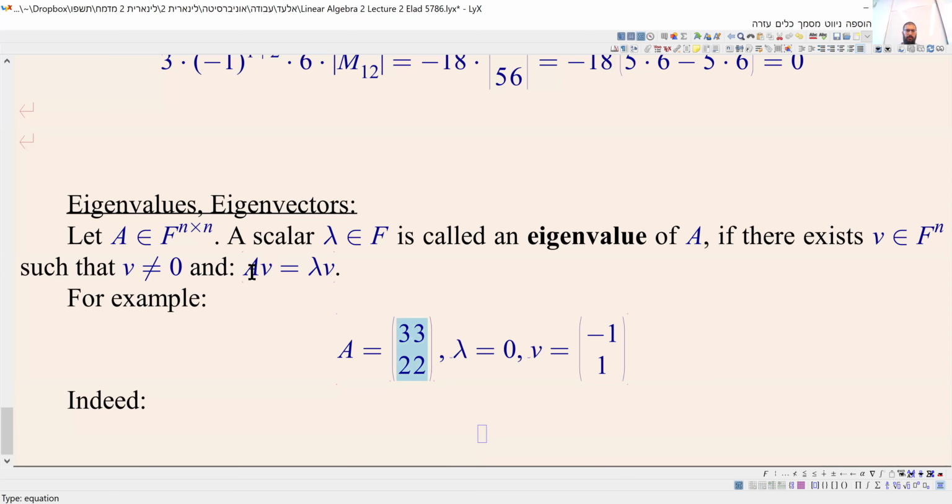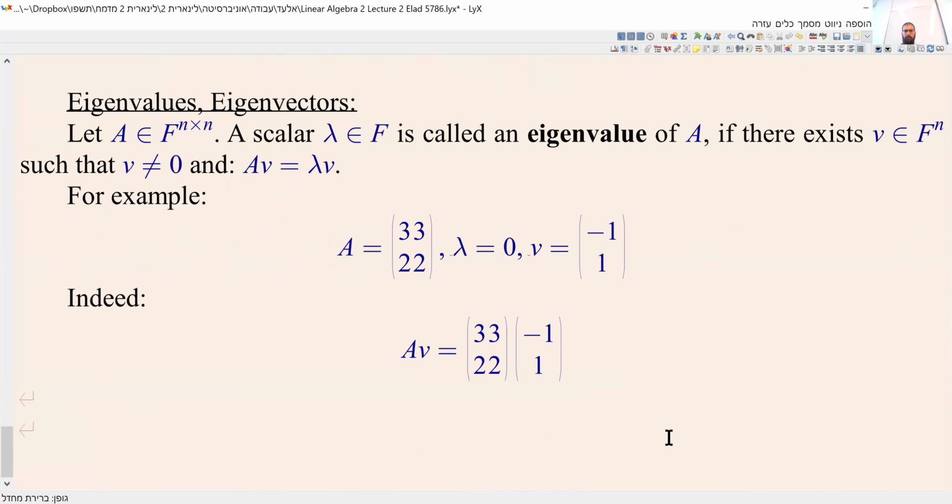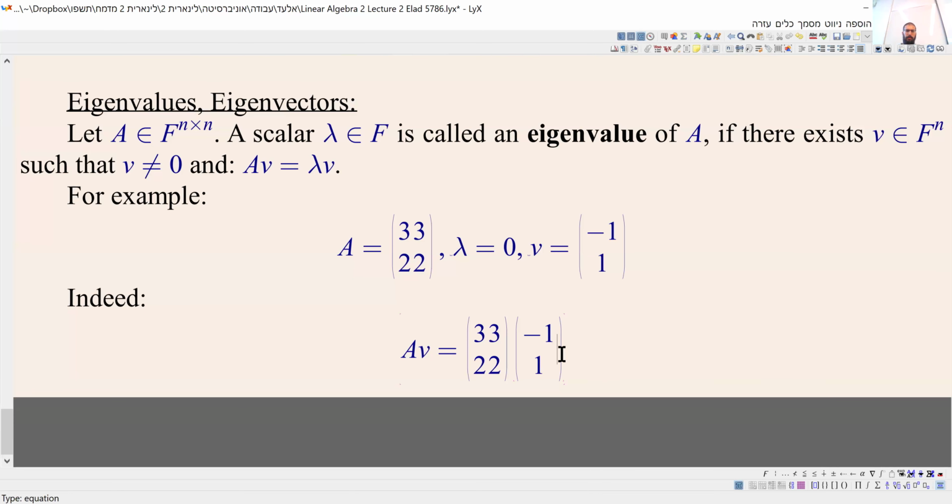If you multiply V by A, you get 0 and 0. So that's 2, which is the same as multiplying V by lambda, which is 0, in my example.